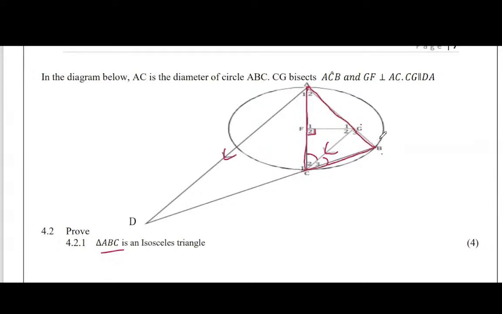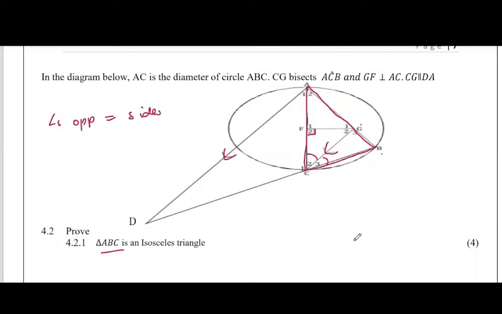So one thing we know about an isosceles triangle is that two sides have to be equal, but also the opposite angles must be equal. In other words, there is that theorem that says the angles opposite equal sides. So if the sides are equal, the angles must also be equal.